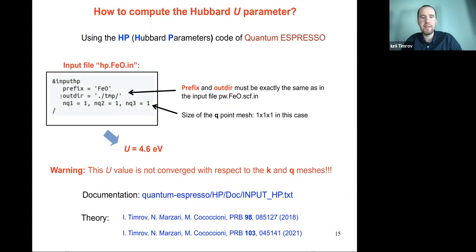It's really curing self-interactions. And self-interactions are present not only for D and F electrons, they're also present for P electrons and S electrons, for all types of electrons. They are larger for D and F electrons, and smaller for S and P. So in principle, why not apply U to P states or even S states? In fact, in the literature, some groups apply U correction to the P states of oxygen, for example.